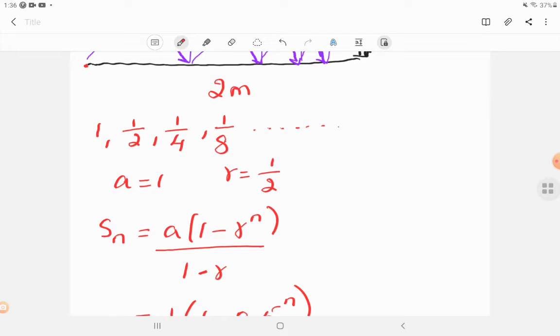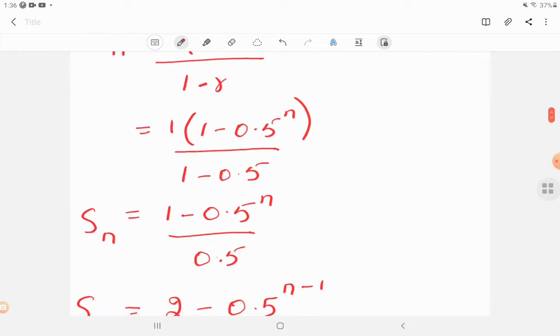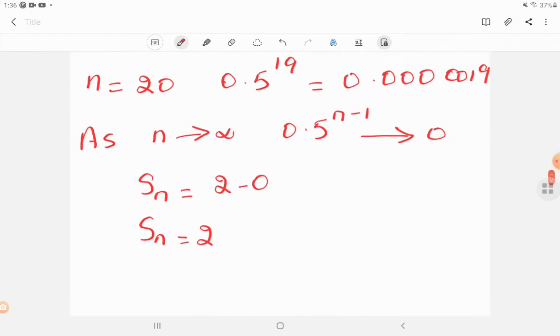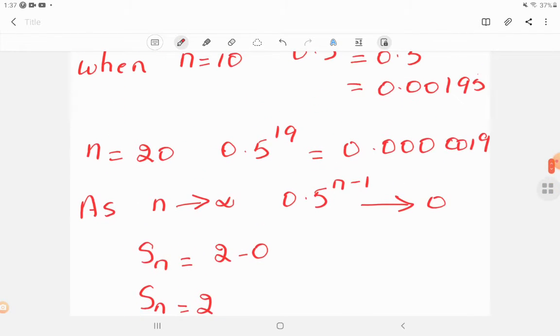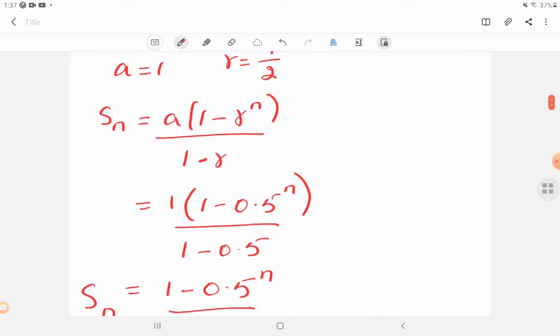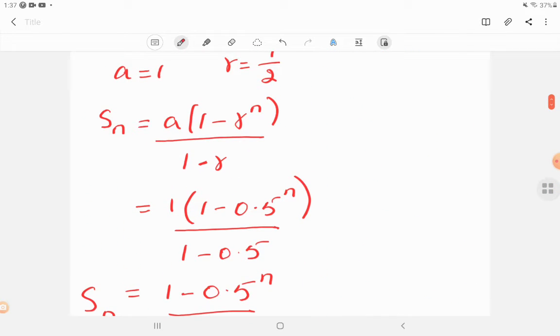So therefore, when the sequence is convergent, that means we can find the sum of this infinite geometric sequence, and that formula is S infinity is equal to A divided by 1 minus r, because the expression 1 minus r to the power of n approaches 0 as the n value increases.